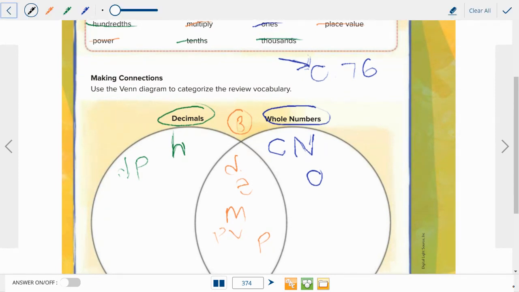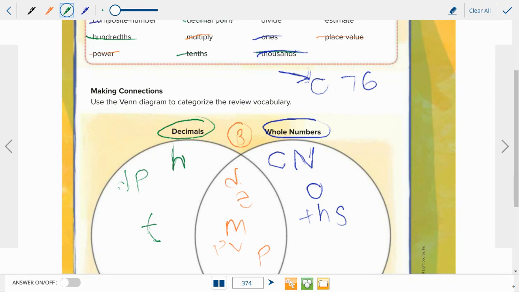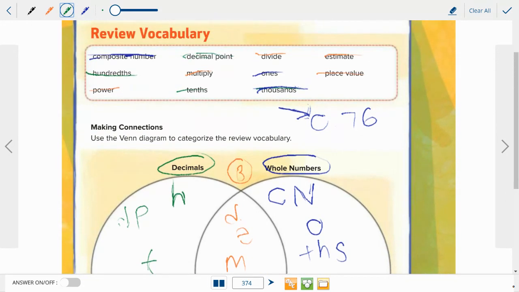Okay, I guess I'm right over it. That one's thousands, not the TH, so that is whole numbers. All right, THS for thousands. And then we could just use T for tenths. That might be confusing, so if it is, you can go back and look at the color coding of the crossouts.